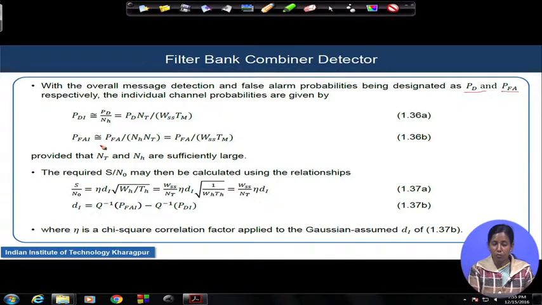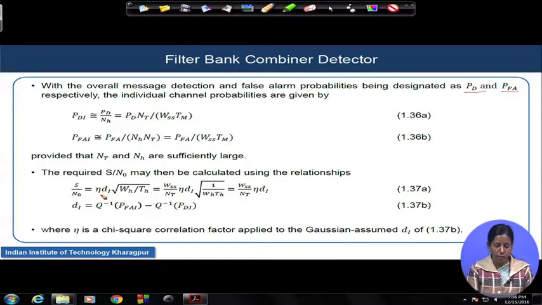This approximation holds good if NH and NT are sufficiently large, very large. The required signal to noise ratio in such a situation, when NT and NH are very large, can be developed as a relation like this, equation 1.37, where DI, the independent channel D value, is the difference between the inverse Q function of the independent channel false alarm probability and the detection probability.